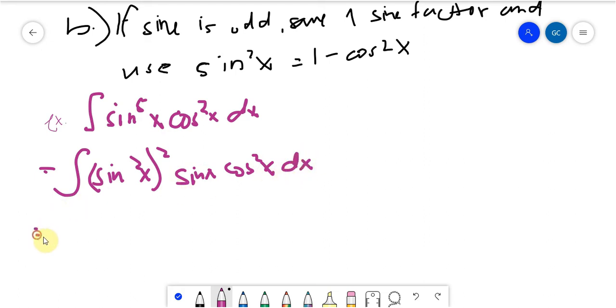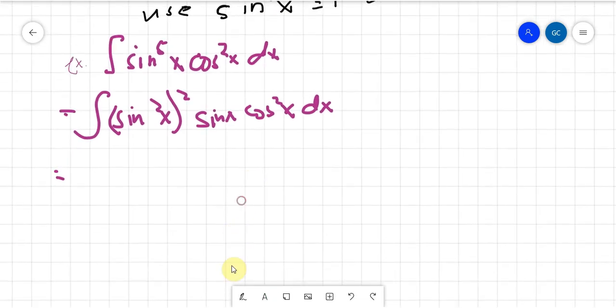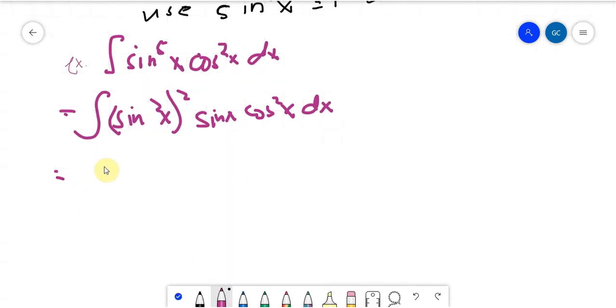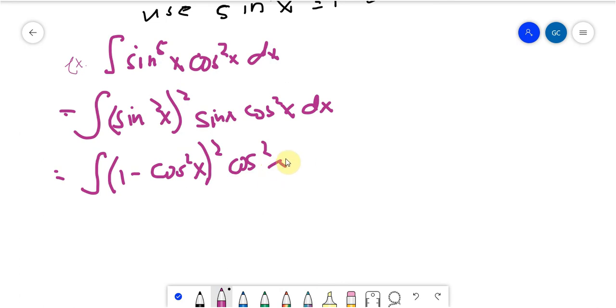Now use this identity. We know that sine squared x is equal to 1 minus cosine squared x, so we have 1 minus cosine squared x squared times cosine squared x times sine x.